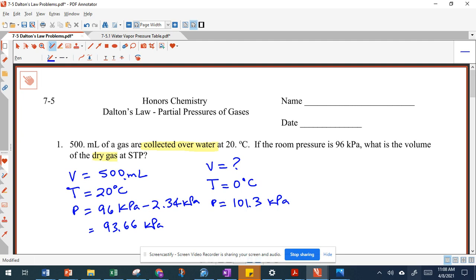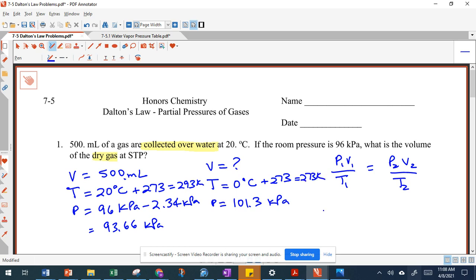Okay, so we have two sets of conditions. So we're going to be using the combined gas law: P1 V1 over T1 is equal to P2 V2 over T2. Now we're comparing a dry gas to a dry gas. So we have to make sure our temperatures are in Kelvin, just like before. So this gives us 293 Kelvin and 273 Kelvin.